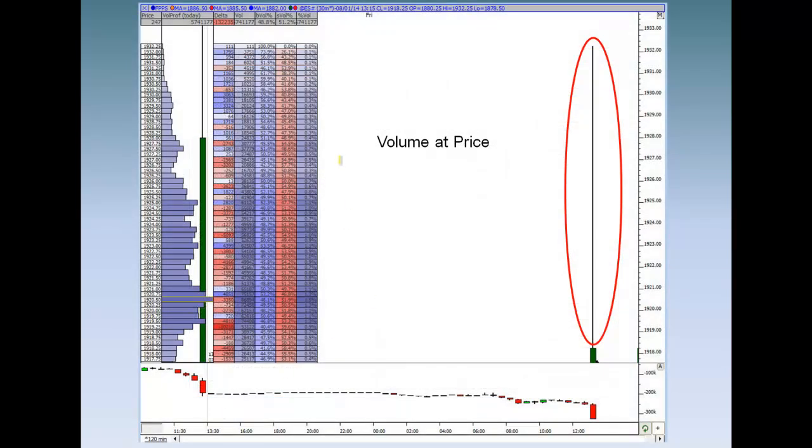We also have the volume at price, which can be a very useful and helpful tool. If you notice here, I have just included some of the possible options for the volume at price. But take a look. From a candlestick, all I see is really just a big wick. But look at the amount of information the volume at price gives me about what's going on in this wick.